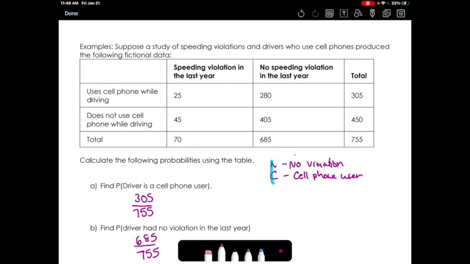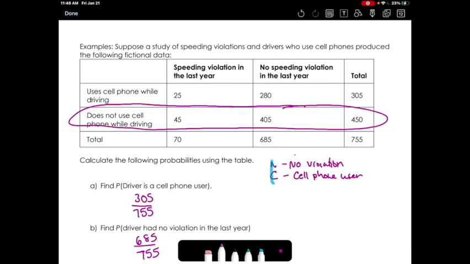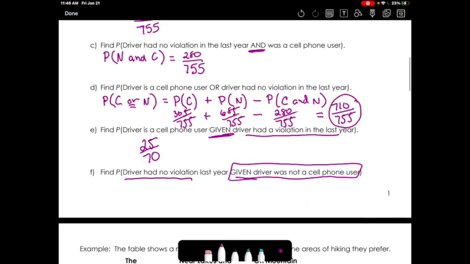So now we're going to look at, again, because we have that given assumption, at a specific subgroup. We are going to look at this subgroup. And because we were looking for the people that did not have a speeding violation, we're looking at this group. So our probability is going to be 405 out of 450.